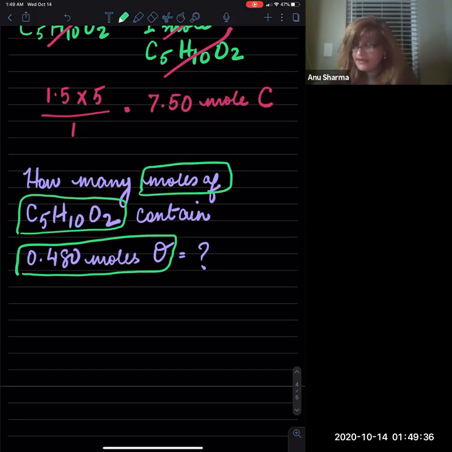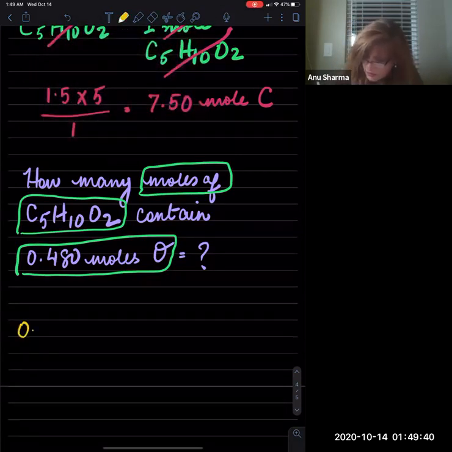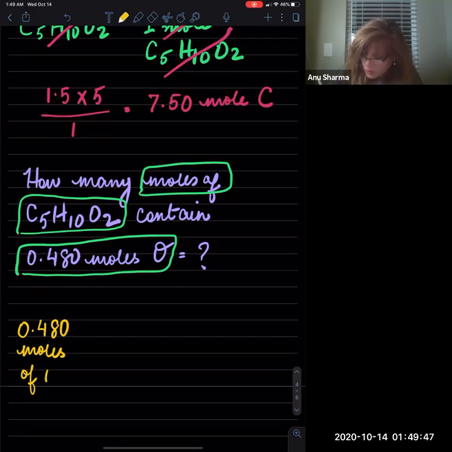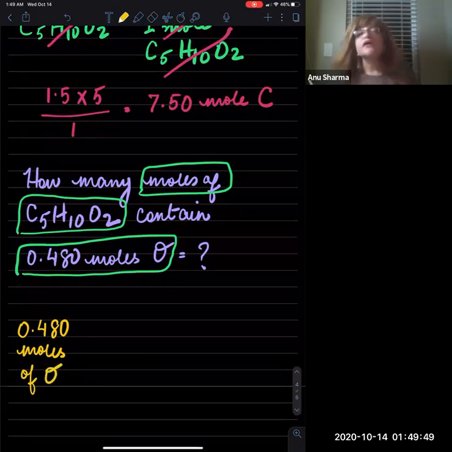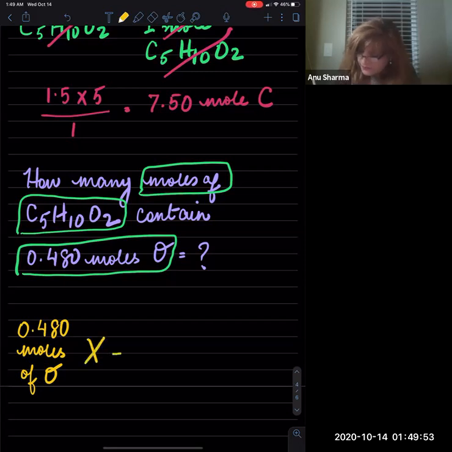So how will you write this? In this case, you are going to write down what is given to you: 0.480 moles of oxygen, just O, moles of oxygen atoms, times, and we need to get rid of the moles of oxygen atoms.